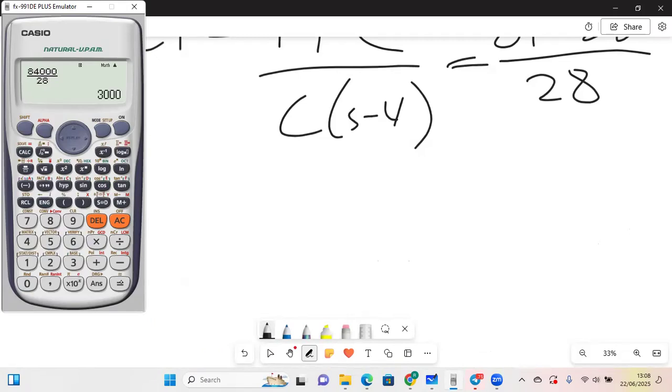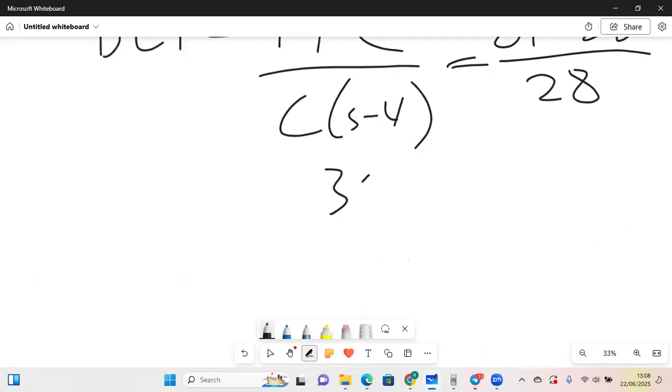So we are getting 3,000 here. Remember, this is in units, so 3,000 units. That's our BEP in units.